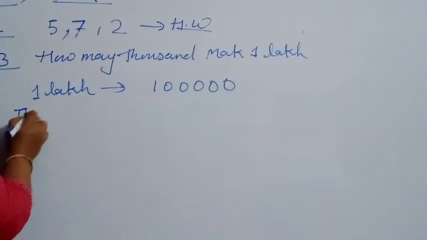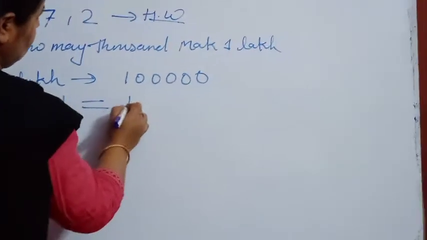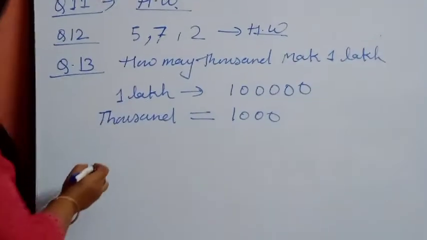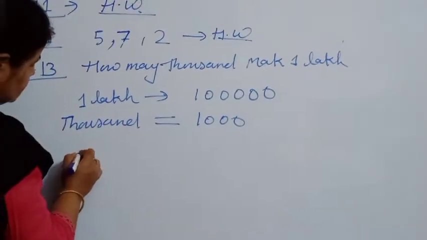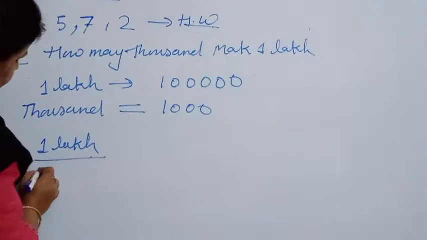And the thousand value, 1 thousand is equal to 1000. How many thousand make 1 lakh means 1 lakh divided by 1000.